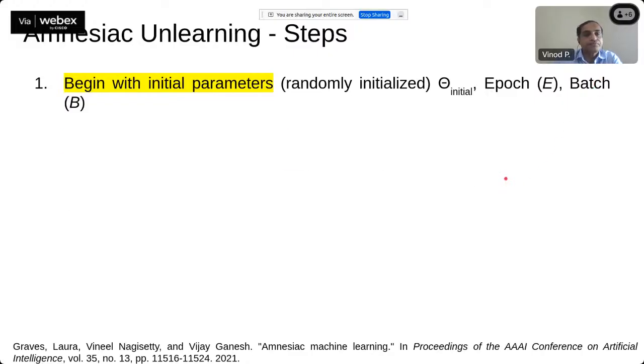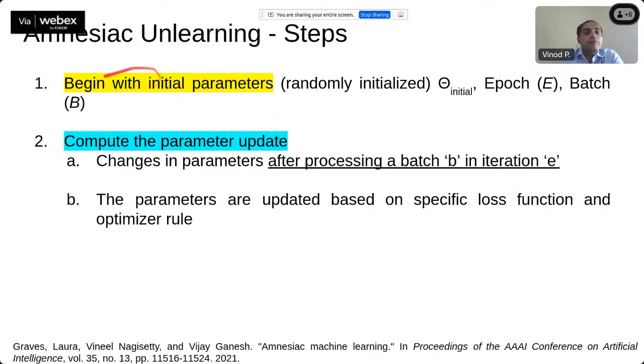Oh, okay, thank you. So then in the training process, essentially what happens is there is a change in the parameter. You start with the randomly initialized parameter, and at every iteration there is a change in the parameter, and this change happens in every iteration when the batch of data is flowing through the model.